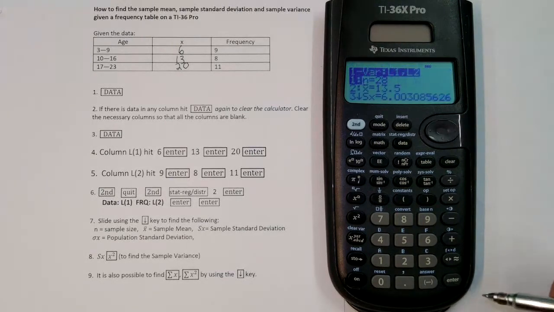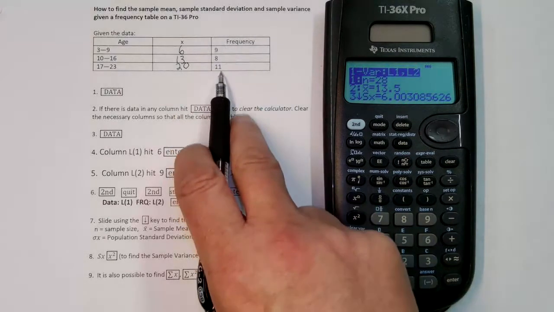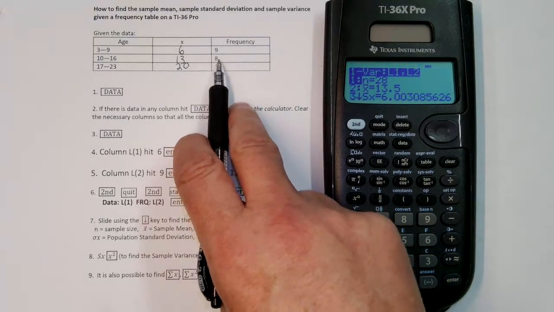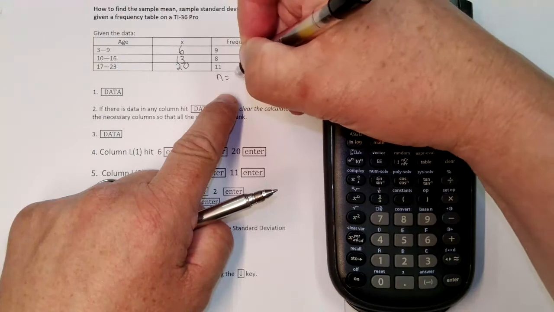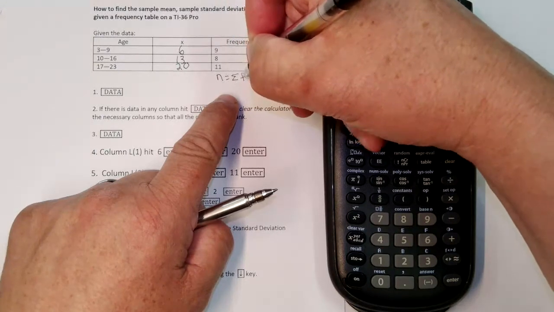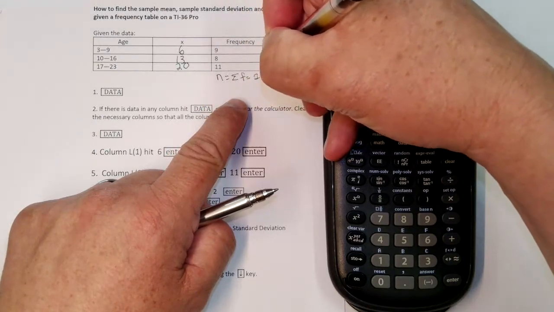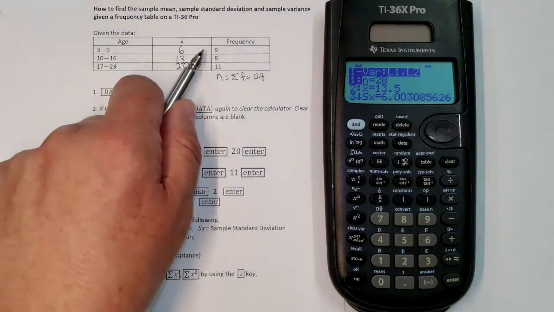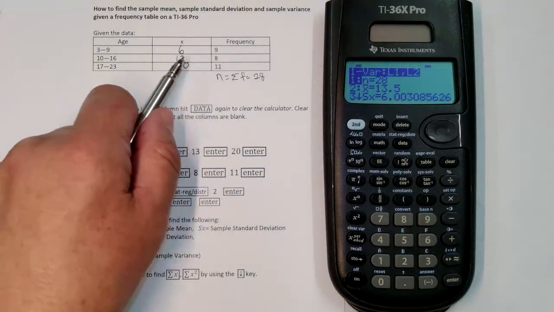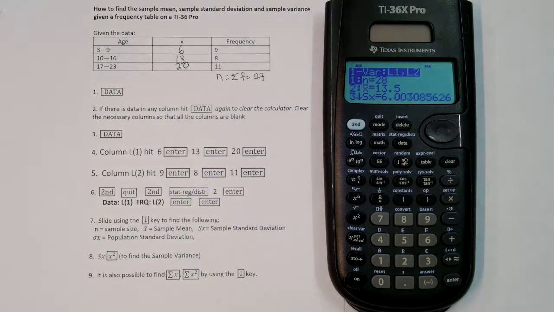Now calculate, if I do that. N is 28. So what that is, if you add up all the frequencies, 11 plus 9 is 20 plus 8. N is equal to the sum of your frequencies, which in this case is 28. So it's like I have the number 6 written 9 times, 13 written 8 times, and 20 written 11 times.